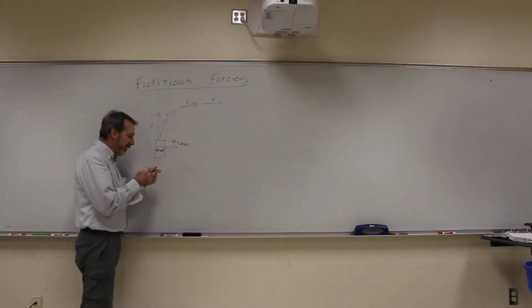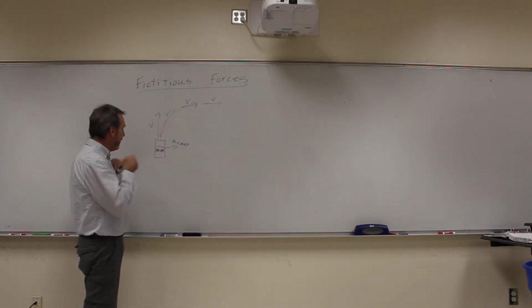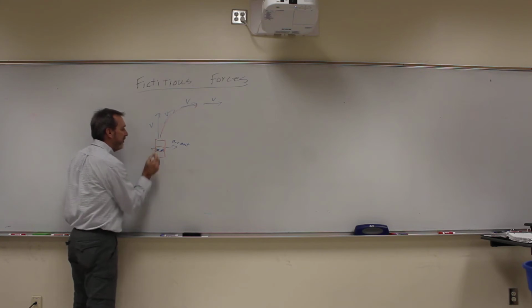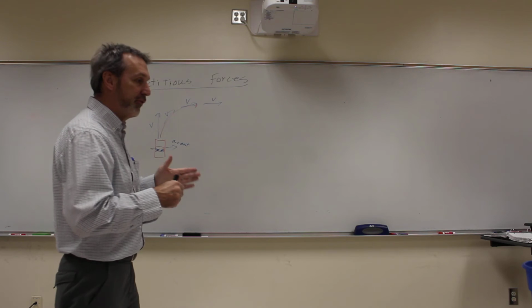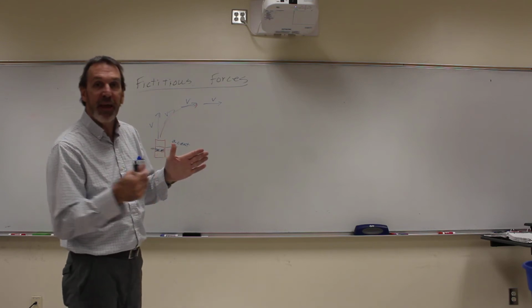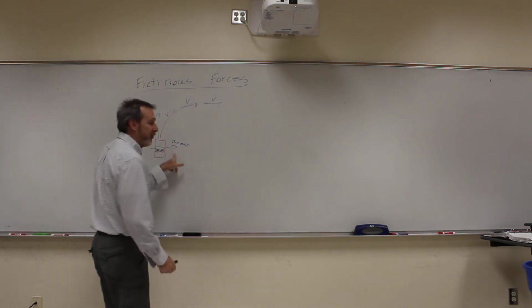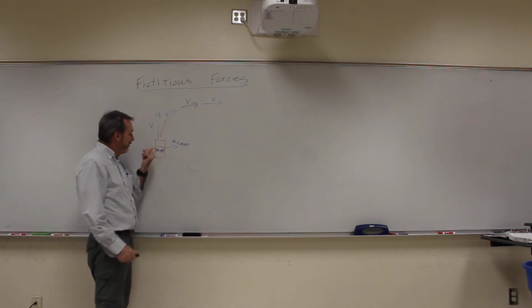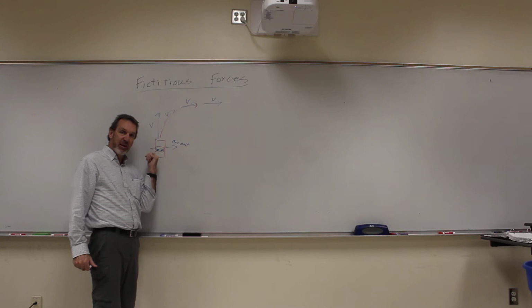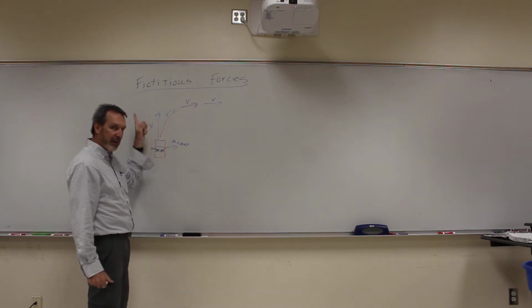So what you feel is you feel like there's a force pushing you to the outside of the car. And people naturally do it. As you go into a corner, you lean in to counteract that centripetal acceleration. Okay? What you're really doing is you're really counteracting inertia. Inertia wants to go in a straight line.